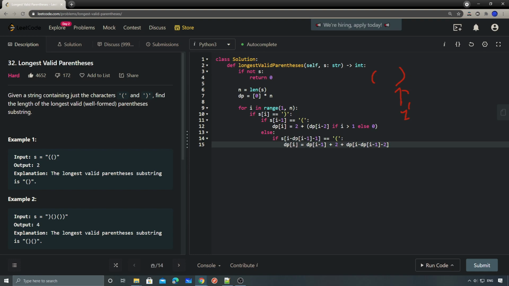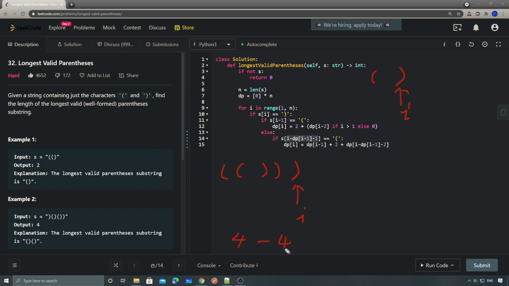But I think this one also has an edge case. For example, we have this one here, so we're at i here. dp[i-1] is 4, and the index for i is also 4.